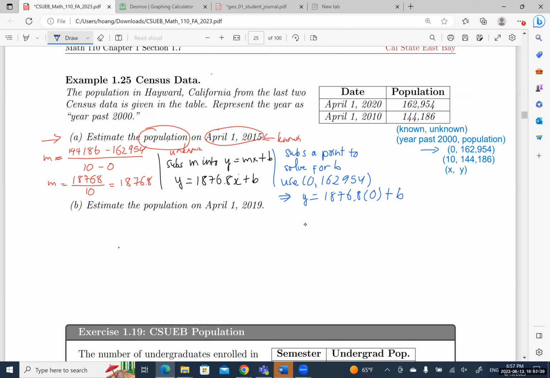I forgot to change to 162,954 for y. That's 162,954 for y, so then b will be equal to 162,954. Okay, we can substitute b into the equation.